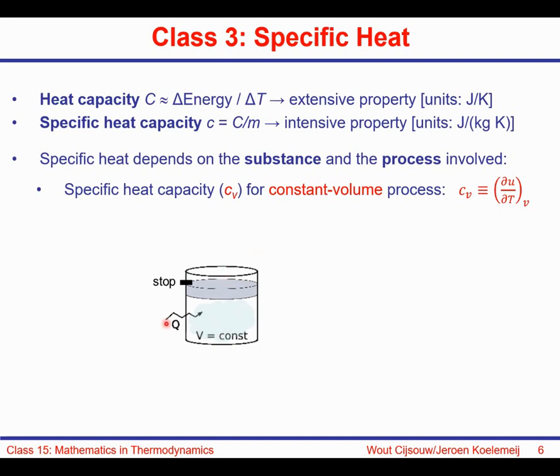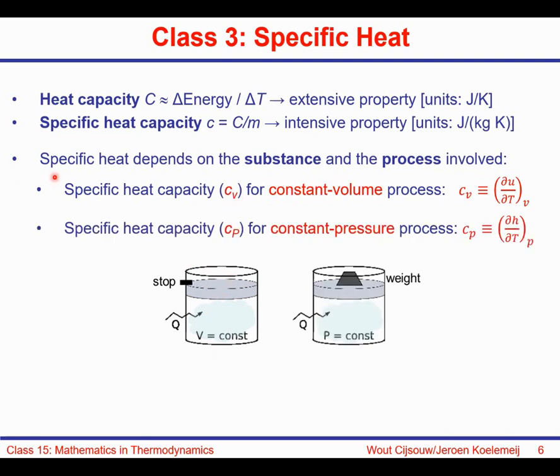If we now add heat to this gas, the volume is not going to change because it's fixed. The pressure will increase, but the volume will not change. And in this case, the heat capacity that you need to use is CV, as opposed to the situation where you add heat under constant pressure.